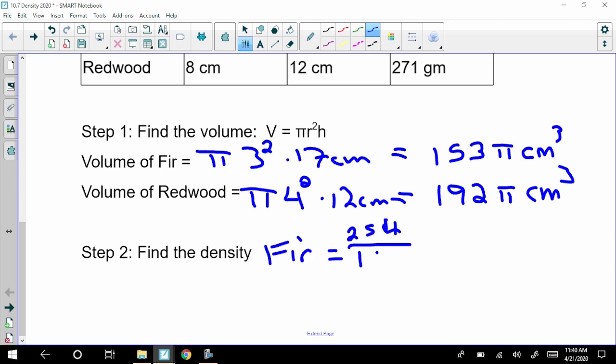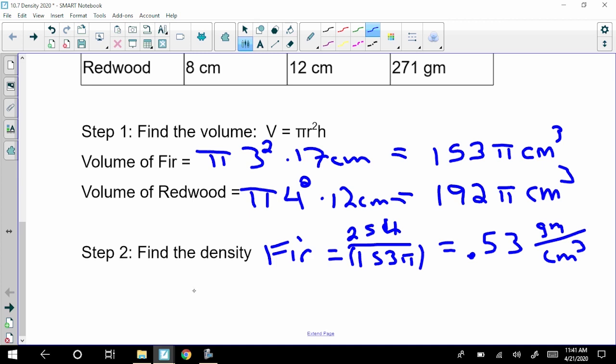So we're going to do 254 over 153 pi. Now make sure when you plug it into your calculator you plug in the pi, and make sure that denominator is in parentheses, because if not you're going to get your calculations all messed up. So my density here is going to be 0.53 grams per cubic centimeter.